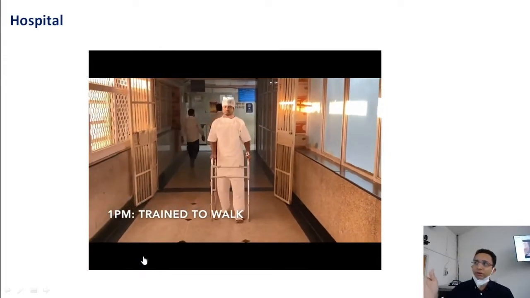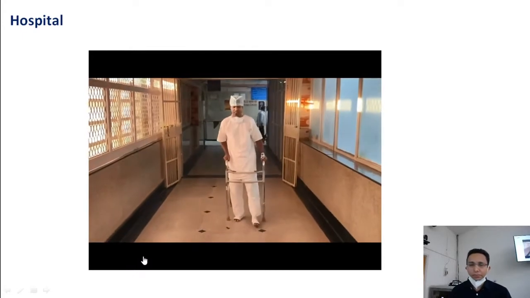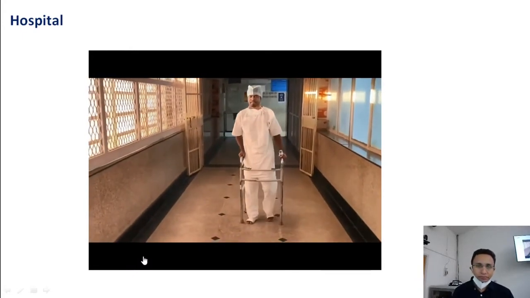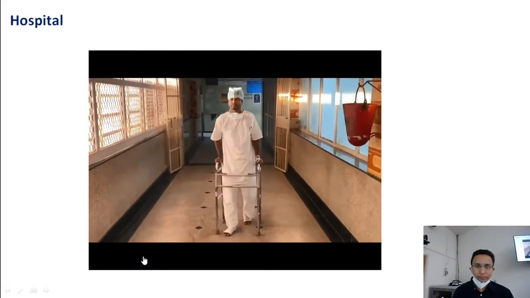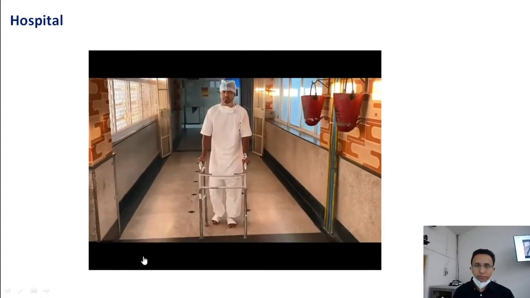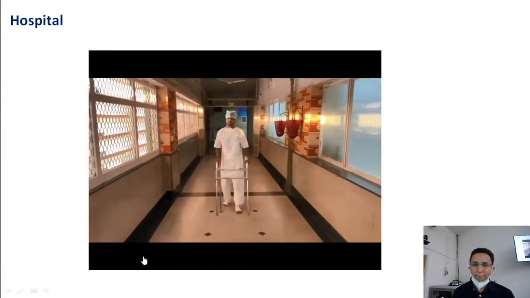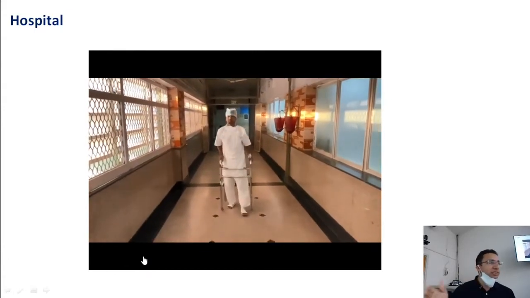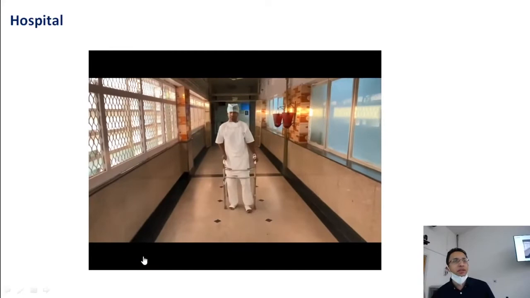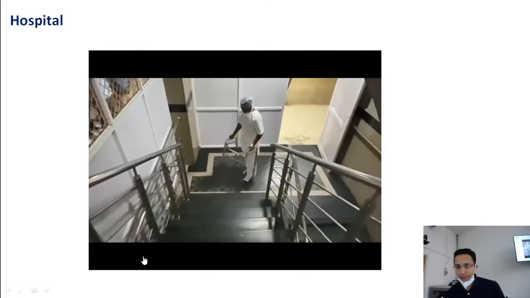Now he is being trained to walk out of the operation theater. In between, we are also asking the patient if he is having any pain, any dizziness, or any problem associated with the surgery.